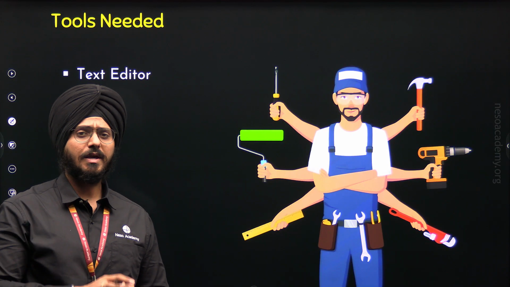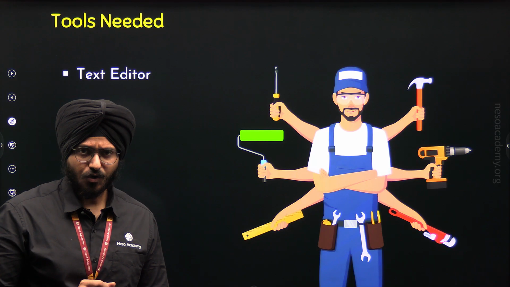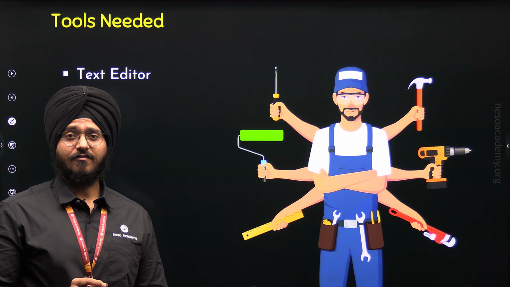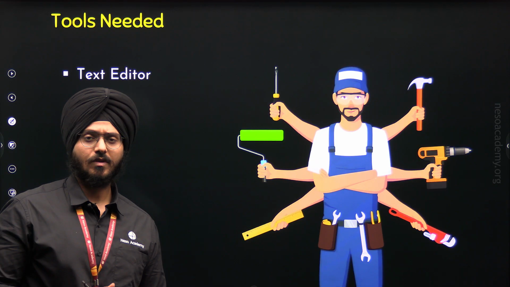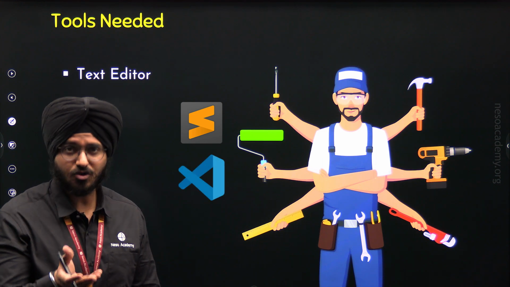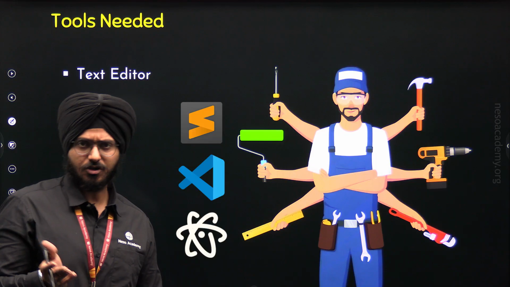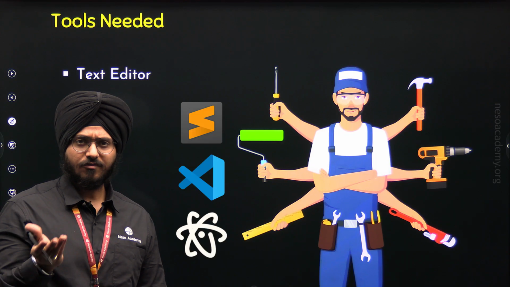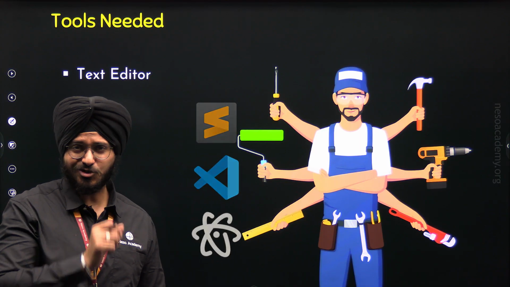So these are some basic functionalities we want in our code editor, and thankfully, there are code editors available online for free which we can download just now. We have Sublime Text, we have VS Code, Atom. These are some examples of code editors. We can download any of these code editors, but you will soon realize you do not need to.